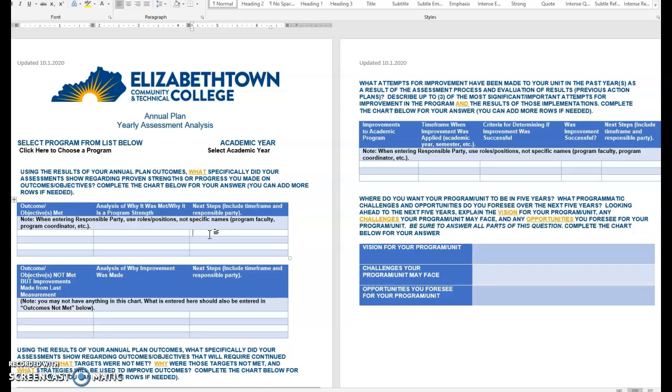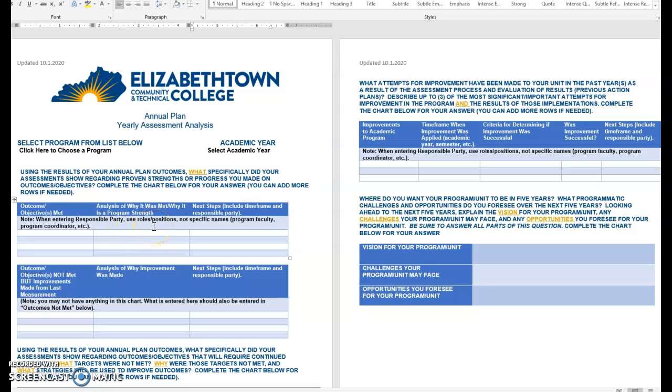Be sure to include the time frame of when any of those action plans will take place, such as spring 2021 or the 2021 academic year, or whatever the time frame may be, and which party is responsible for making those changes. Note that for the responsible party, I want you to use roles or positions, not specific names.